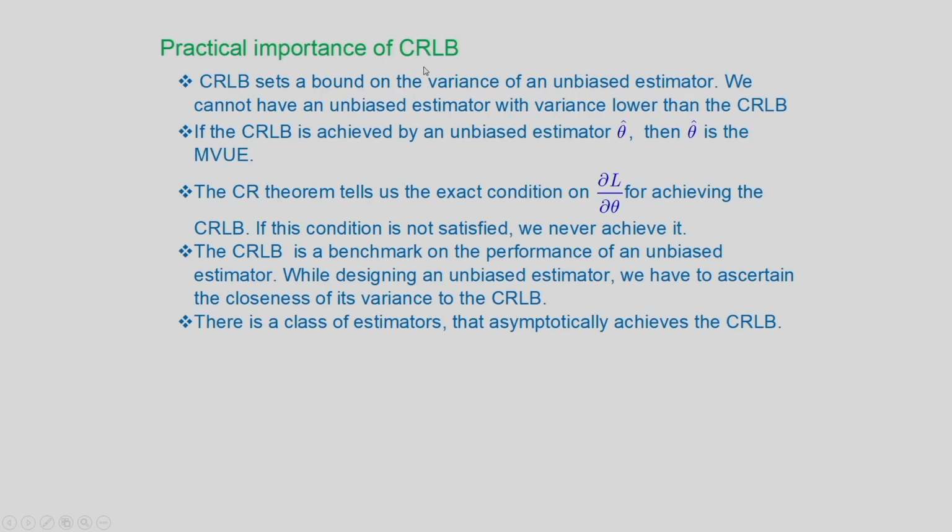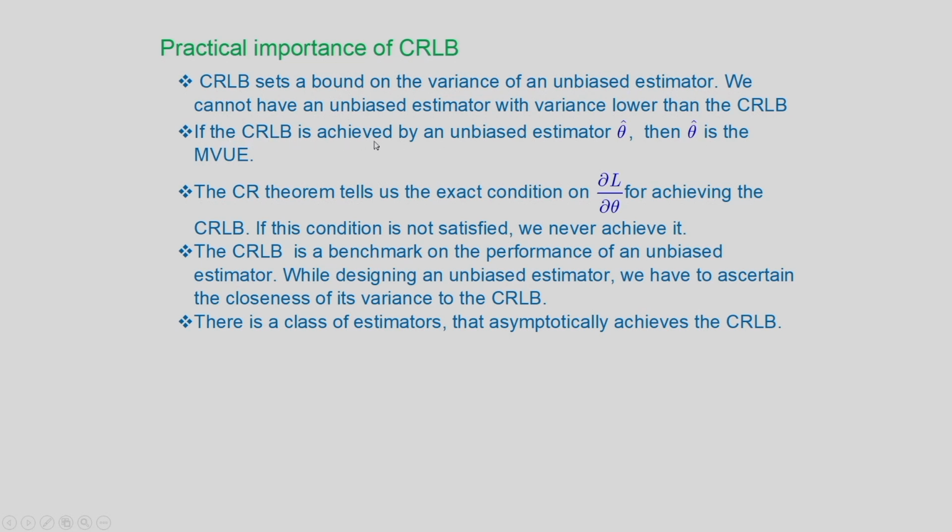Practical importance of CRLB. Cramer-Rao lower bound sets a bound on the variance of an unbiased estimator. We cannot have an unbiased estimator with a variance lower than the CRLB. If CRLB is achieved by an unbiased estimator theta hat, then theta hat is the MVUE.